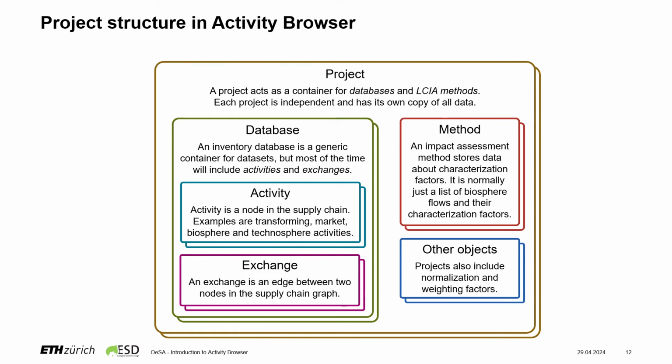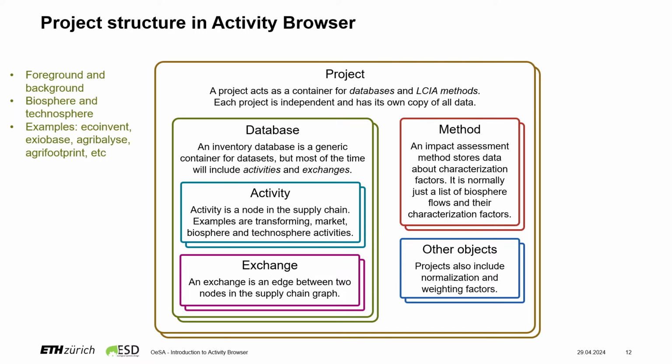So in the Activity Browser, we create projects where each project is a separate lifecycle assessment case study. The different projects contain databases and methods, databases contain activities and exchanges, and the different projects are independent of each other. So for each lifecycle assessment case study, you would have a different project.